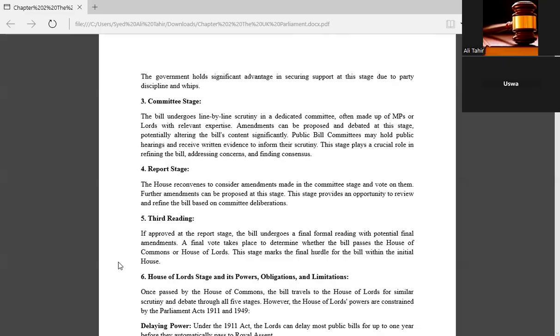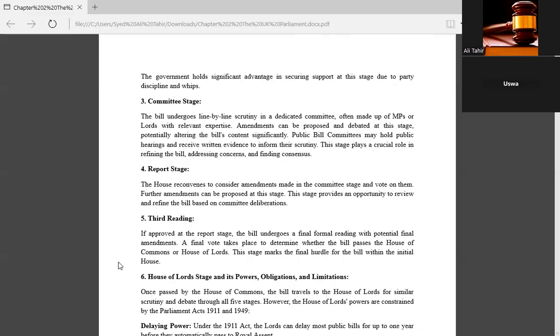Amendments can be proposed and debated at this stage, potentially altering the bill's content significantly. Public bill committees may hold public hearings and receive written evidence to inform their scrutiny. This stage plays a crucial role in refining the bill, addressing concerns and finding consensus.